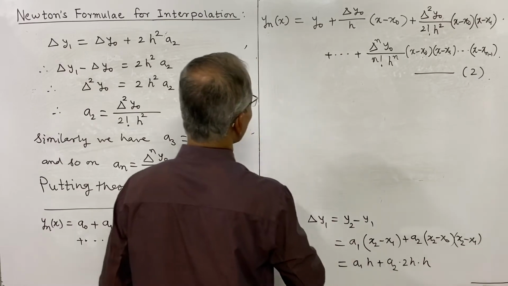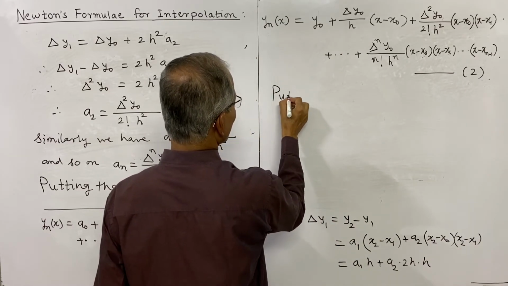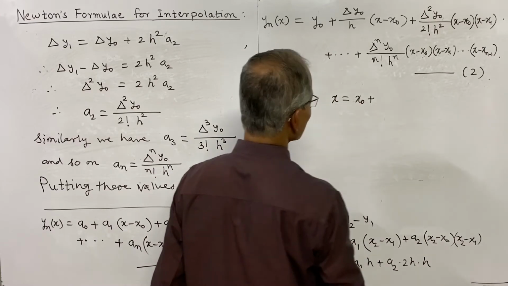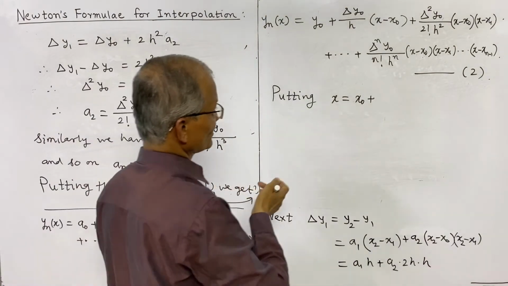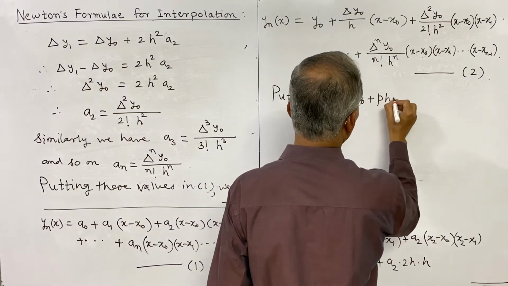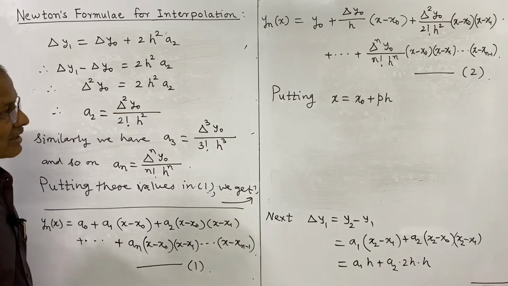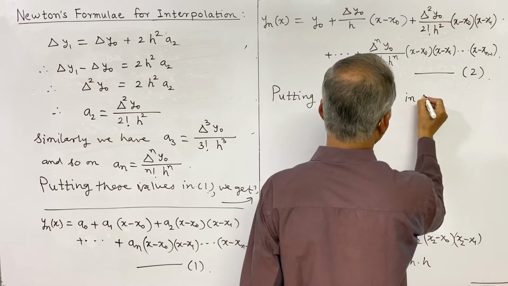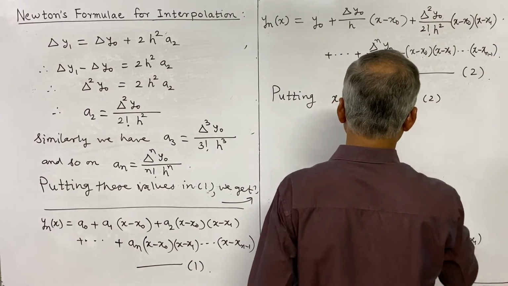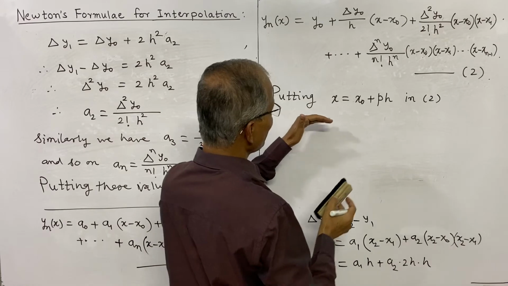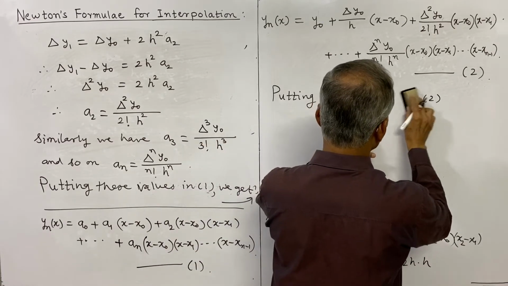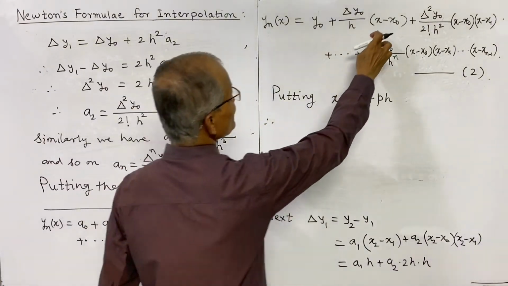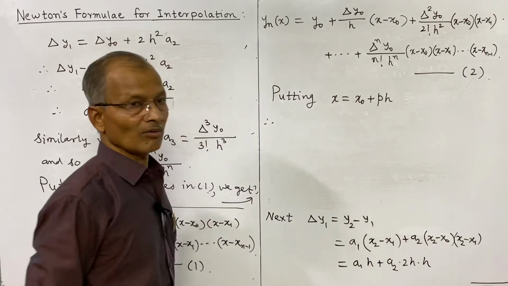Now putting x is equal to x naught plus ph, that we will have x is equal to x naught plus ph in 2, or yes, before that we will put this x is equal to x naught plus ph. Therefore what that gives, what is x minus x naught? These values we have to obtain now. So this is the value, required value.